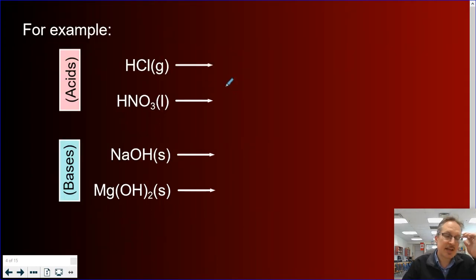So if the definition of Arrhenius for an acid was acids will ionize to form hydrogen ions in solution, then when I have HCl, it's going to ionize into hydrogen ions, in aqueous solution, and chloride ions.